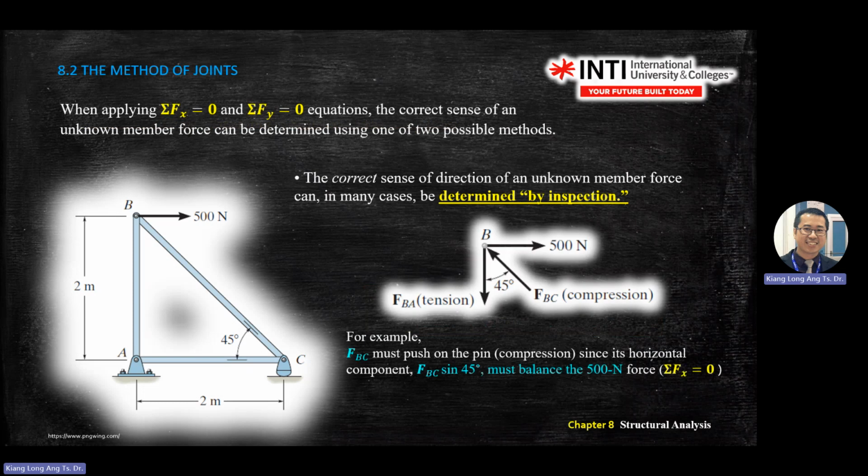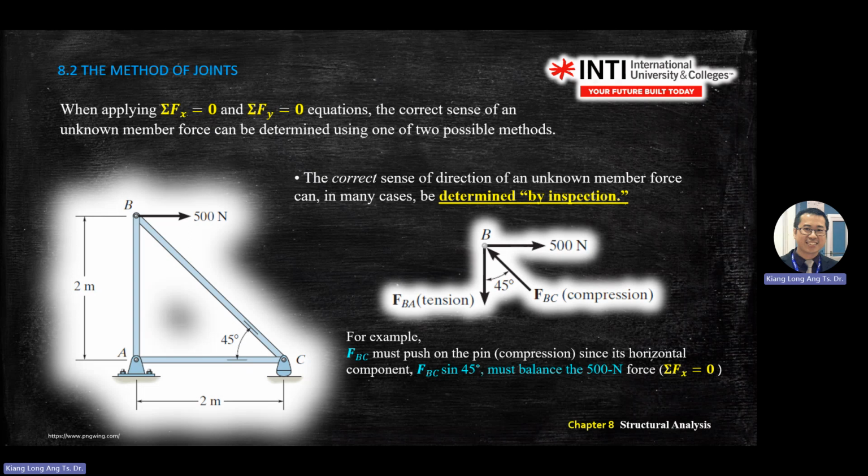Okay, so sometimes the correct sense you can find by inspection, right? So BC must push the pin since the horizontal component needs to balance this one. If you have one external force, you split it into y and x.